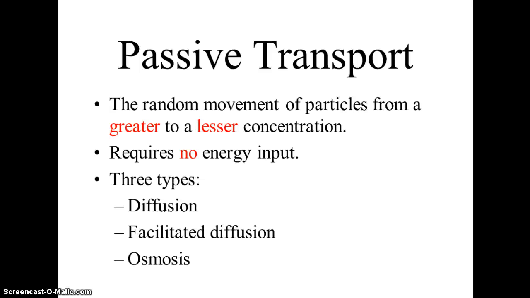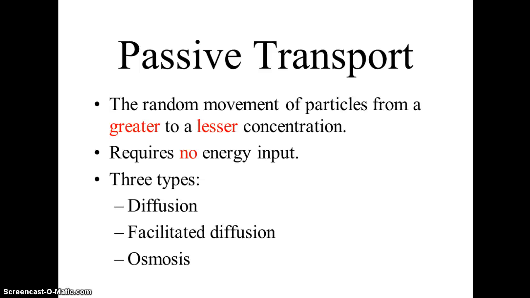So the first category that we're going to look at in today's broadcast is passive transport. And passive transport, you can probably tell from the word passive, means that there's no work required to be done by the cell to make this happen.